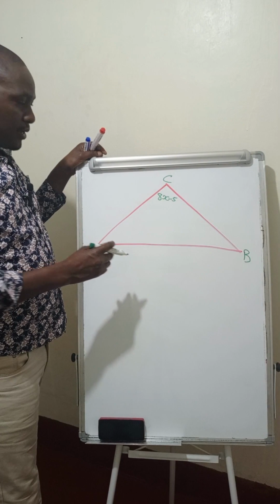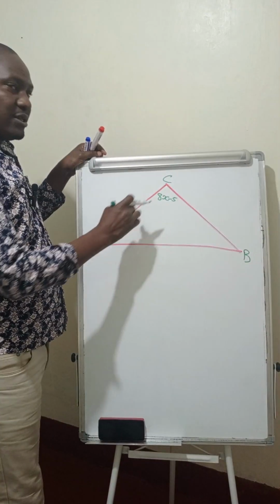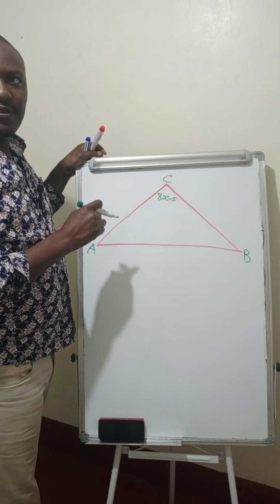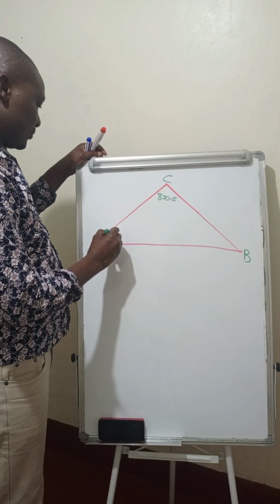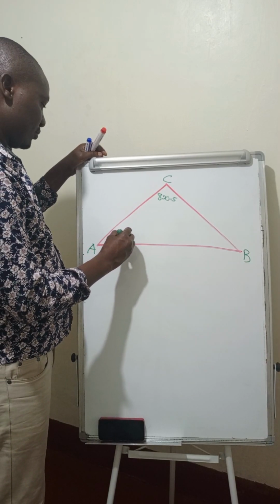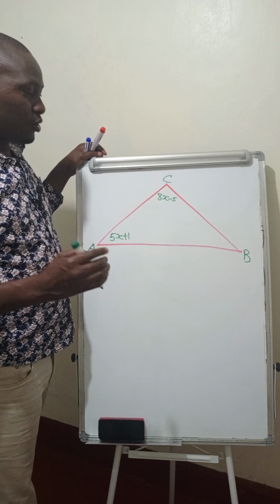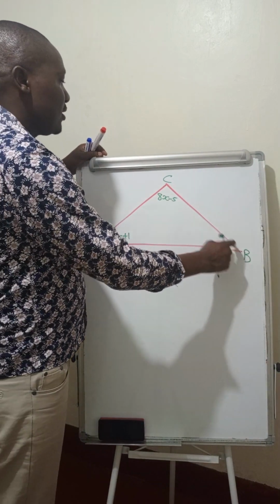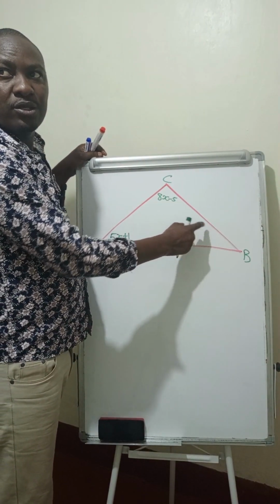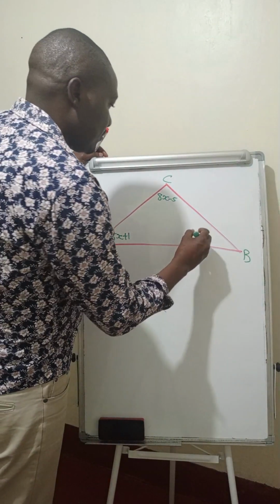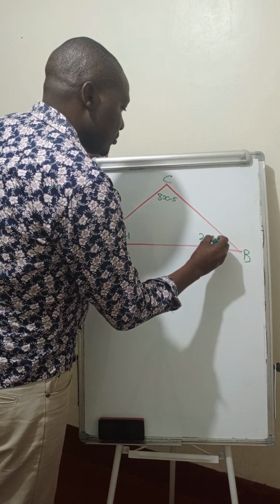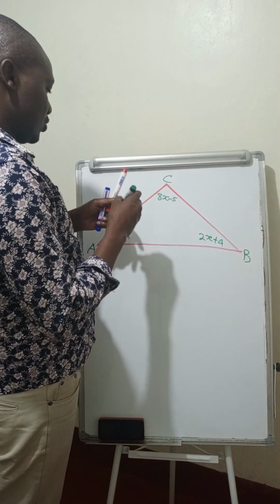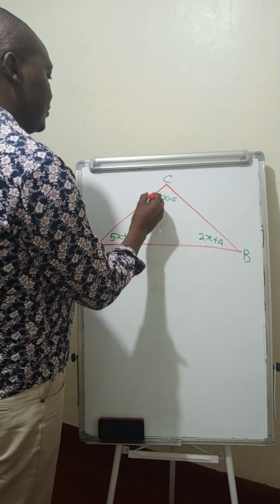Then angle BAC is 5x plus 1. Then angle ABC, this one here, 2x plus 4.